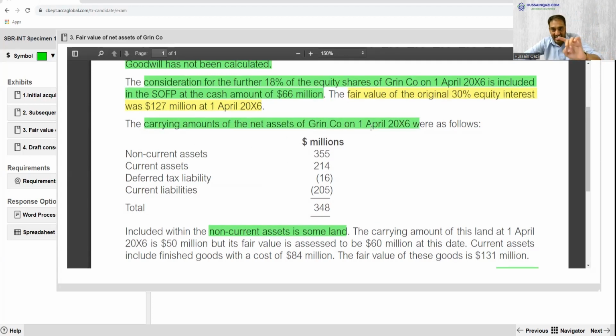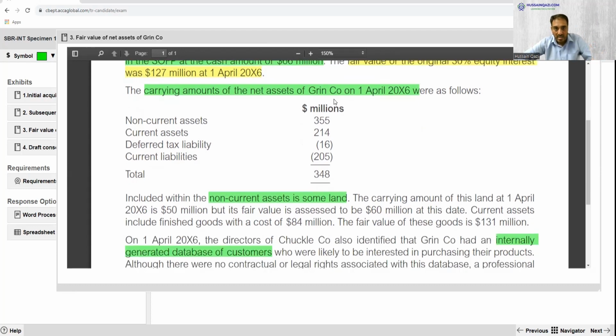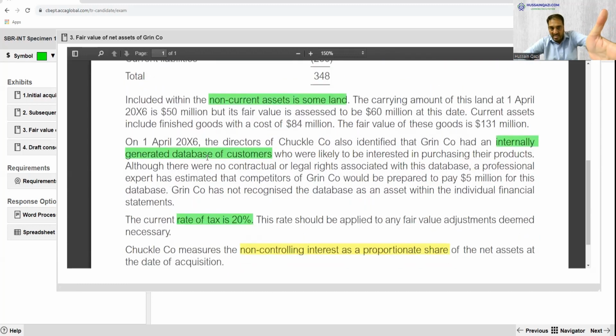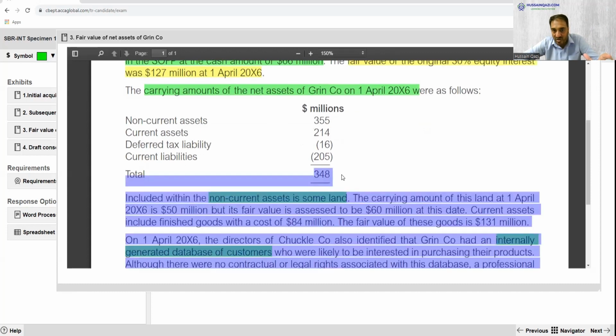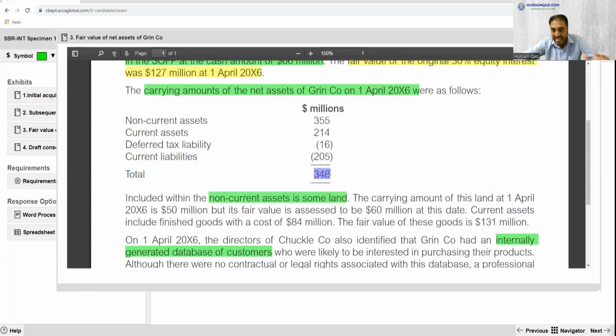It's actually the acquisition accounting date where we will calculate the goodwill. This is the carrying amount of net assets, and further, the next paragraphs are about fair value adjustment. So this net asset of 348 at 1st April X6 is at book value. 348 is a book value.